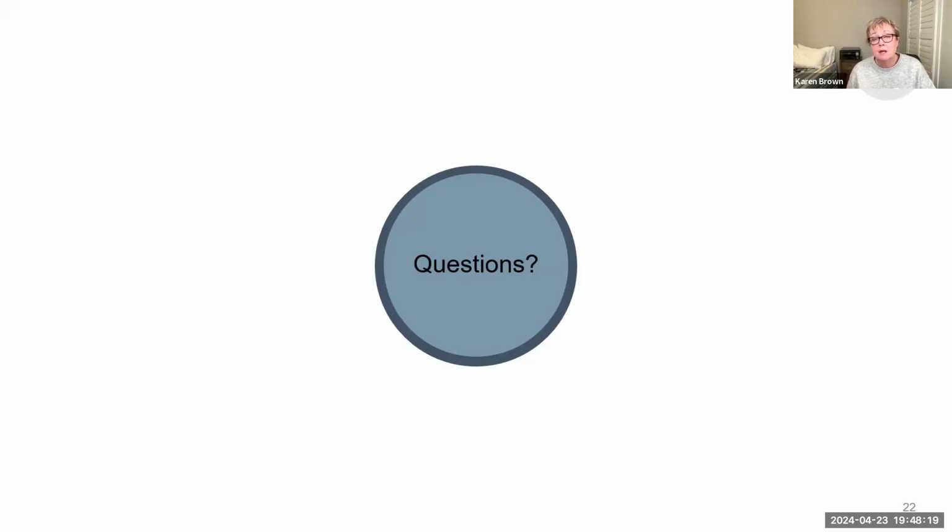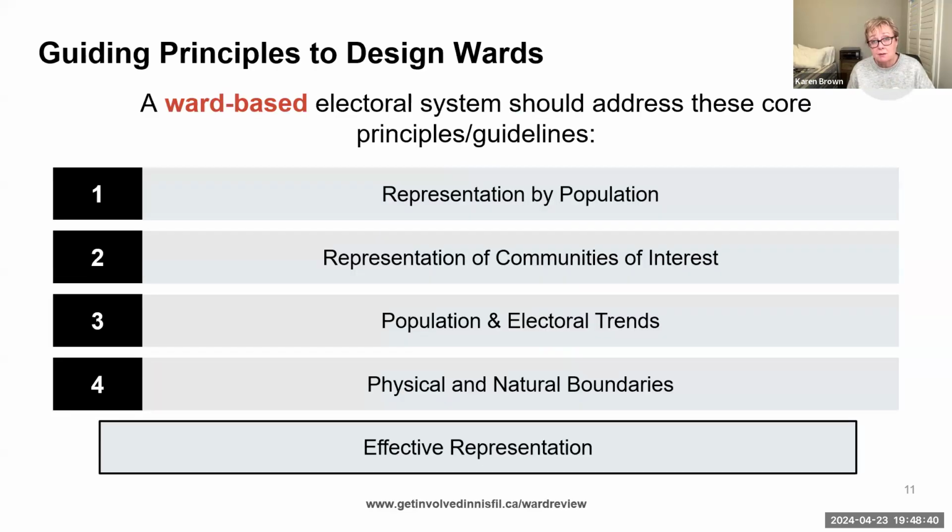We know that the town has been given very aggressive housing targets by the province, which it has agreed to. So for me, any discussion about setting ward boundaries needs to include a look at what the town is planning through its strategic plan and what the population growth expectations actually are.